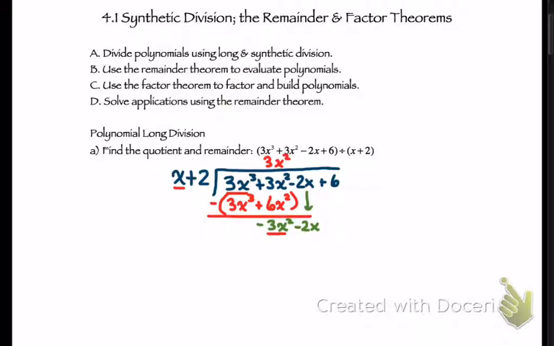How many times does x, right here, go into negative 3x squared right there? Okay, x times, so if you need to write down in your box that's over here, x times what is going to give me negative 3x squared?